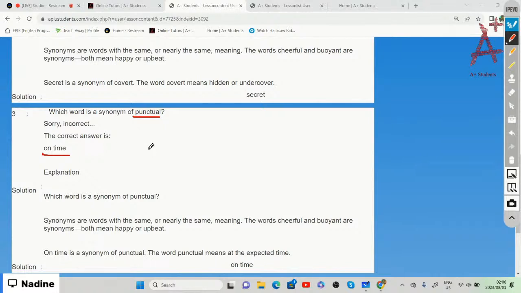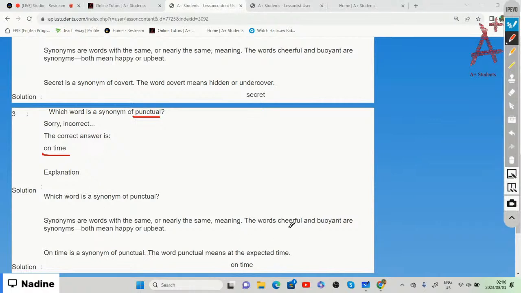If you said we must be there at 1 p.m., then the punctual person will be there 10 minutes before 1, for example. At your expected time, I will be there. I will attend the event whichever time you give me. So that is a punctual person, somebody that is on time.